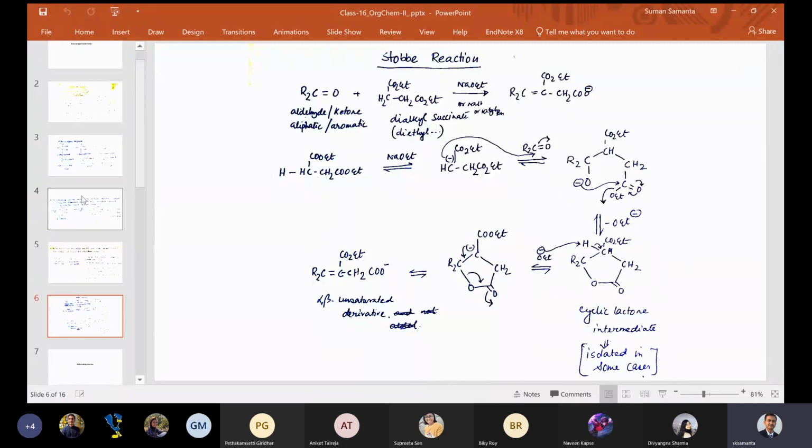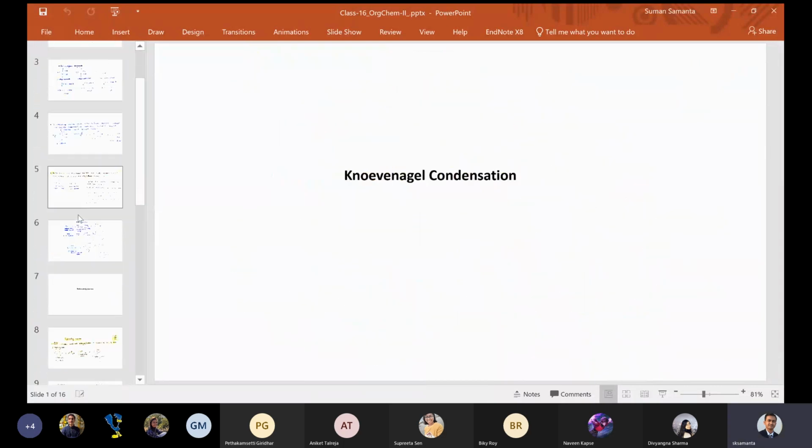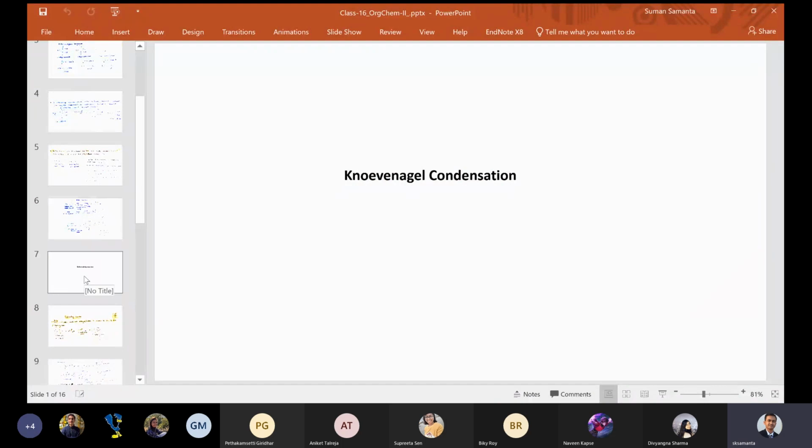So that is all on the Knoevenagel reaction for now. We will come back to this Knoevenagel condensation when we do a lot of these transformations and retrosynthetic analysis. At the end, it is already mentioned in your syllabus that we have to use this active methylene compound as a precursor, and we can synthesize many different smaller compounds, which are very interesting.